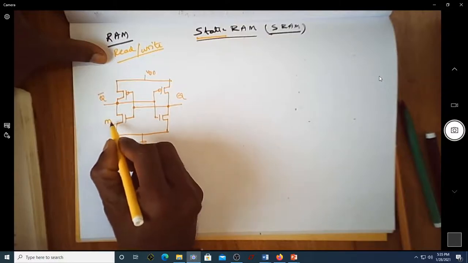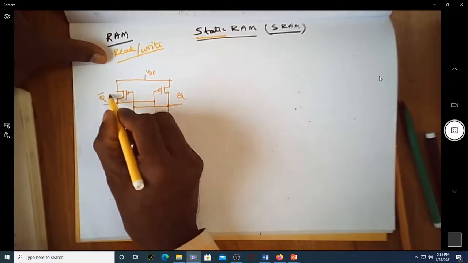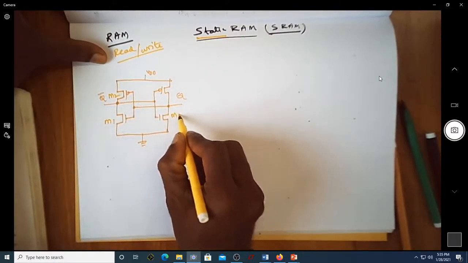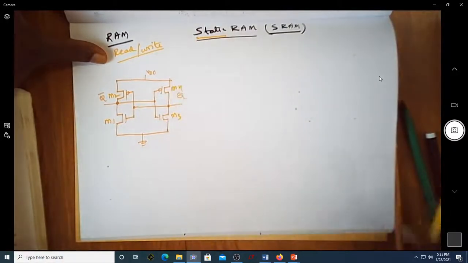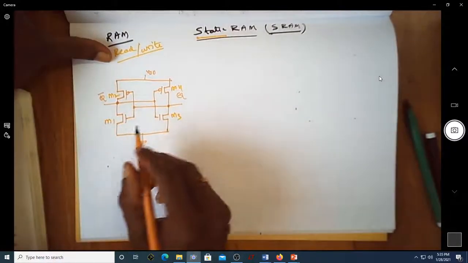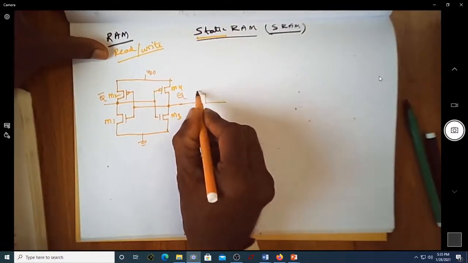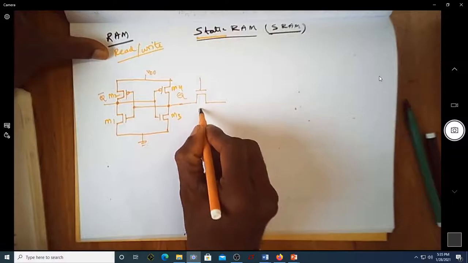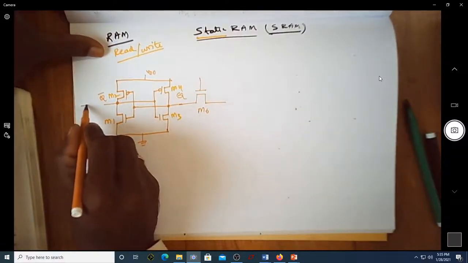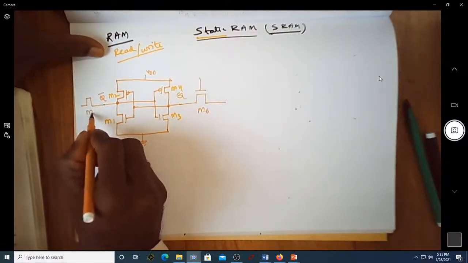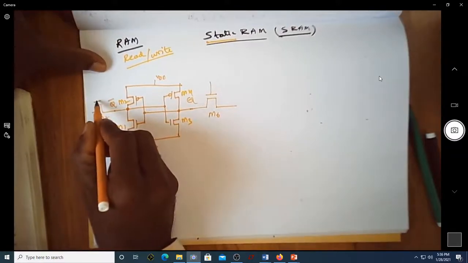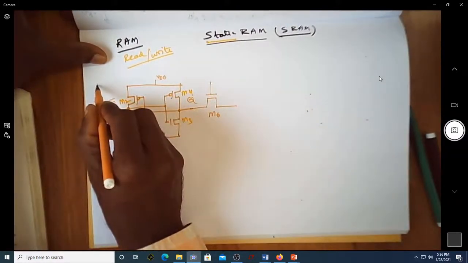Let us name the transistors M1, M2, M3 and M4. Along with these 4 transistors for 2 inverters, let us have 2 more transistors, M6 and M5.